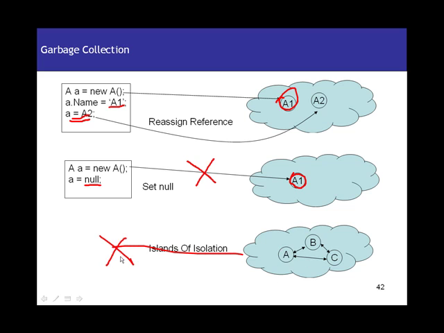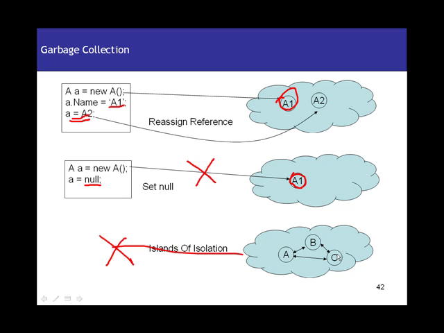So even though there are references internally, it's nothing but a circular reference which leads nowhere. That's the reason this is called islands of isolation. This is an island, but it is an isolated island. You cannot reach that island from anywhere outside, in real terms, from the stack references.